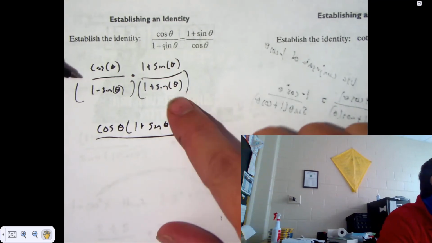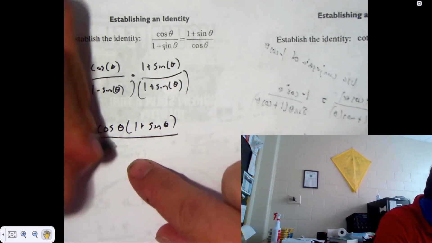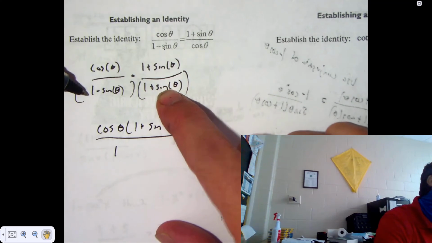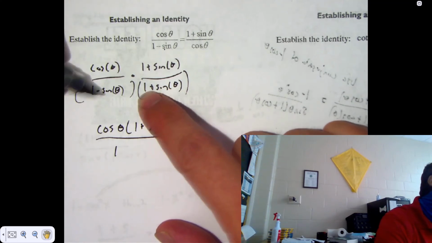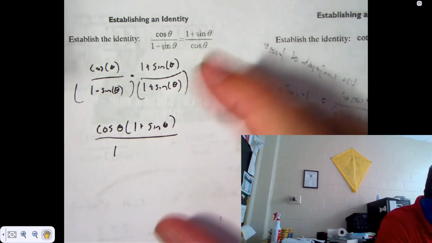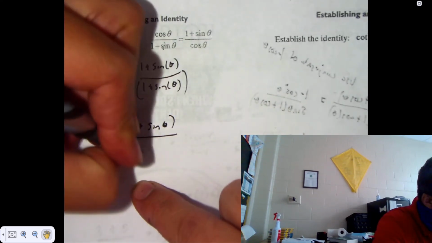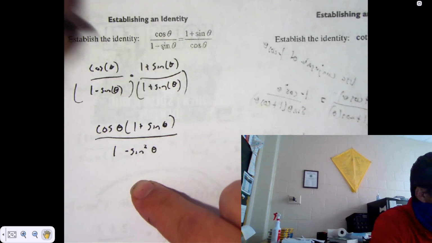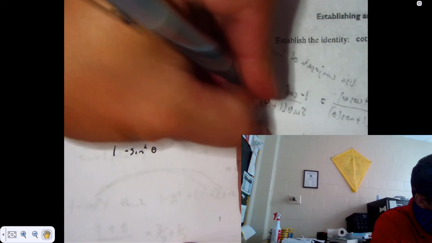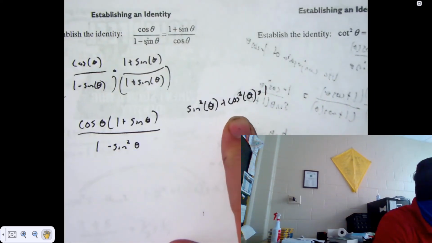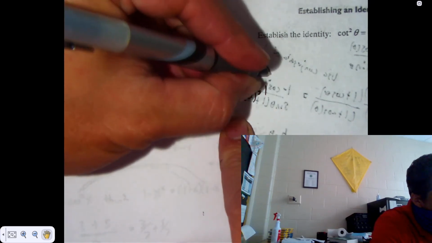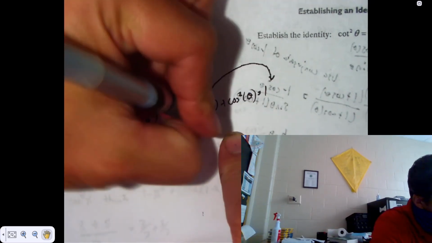Most of you guys got the bottom piece right. 1 times 1 is 1. Negative sign, positive sign, no sign, minus sine squared. And then what you're supposed to do is think about this thing. You just jump that guy over. Cosine squared of theta is 1 minus sine squared of theta.